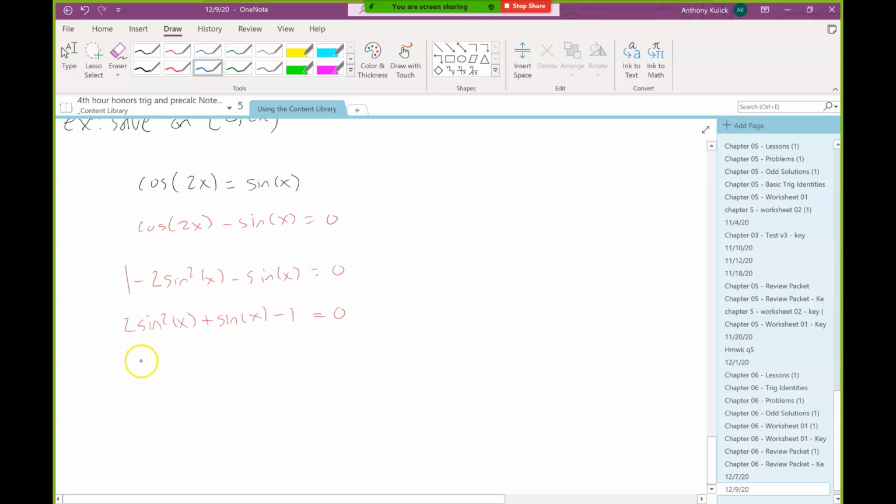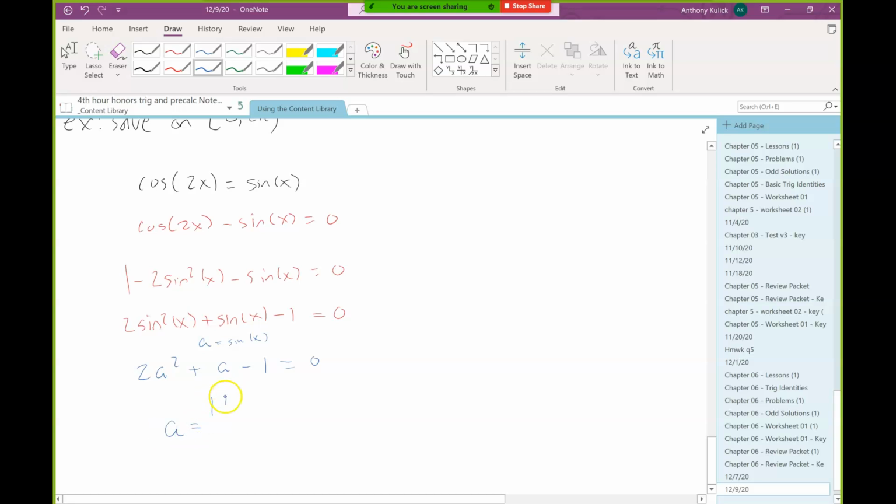And this, to me, looks a lot like a quadratic, right? If I just say a is equal to sine x, that looks a lot like this quadratic, which I could factor or I could solve using the quadratic formula. Either is fine. You'd have to do the long factoring to do this, so let's just do the quadratic formula instead.